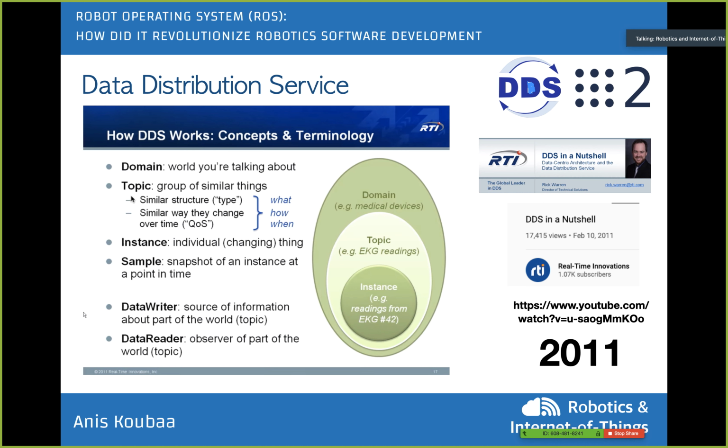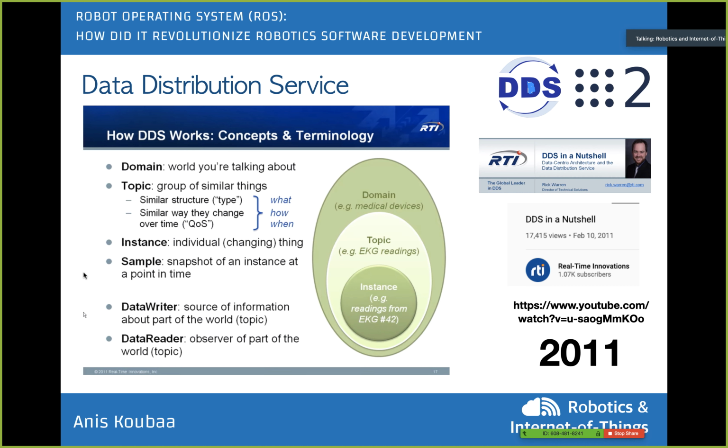And they define a similar concept to ROS, like the topic. The topic here is a group of similar things. Below topics in the hierarchy, you have the instance, which is defined as an individual changing thing. And besides the instance, you have a sample, which is a snapshot of the instance at a point in time.